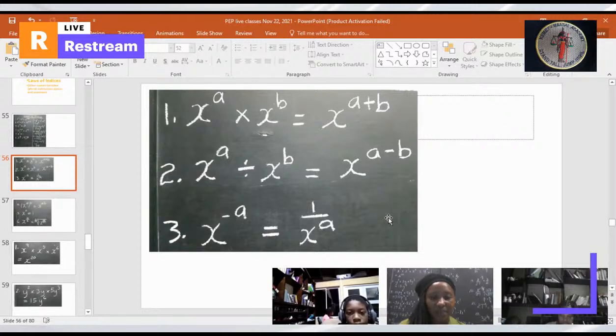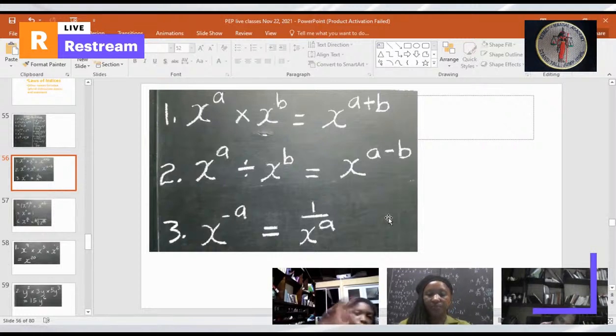So x to the a power times x to the b power would be x to the a plus b. We keep the base, we don't do anything to the base, but the bases have to be the same. We keep the base and we add the indices.